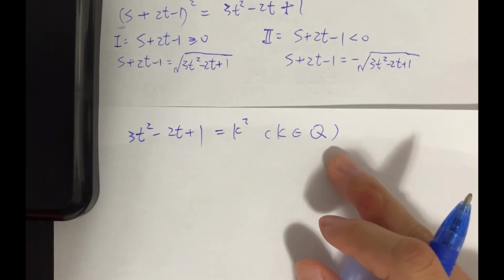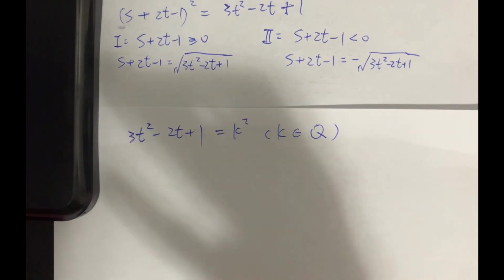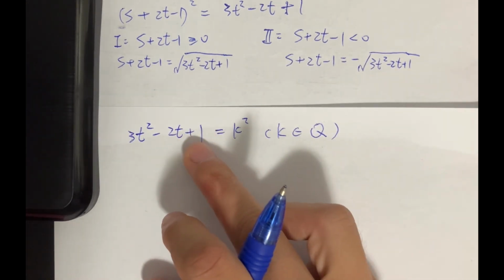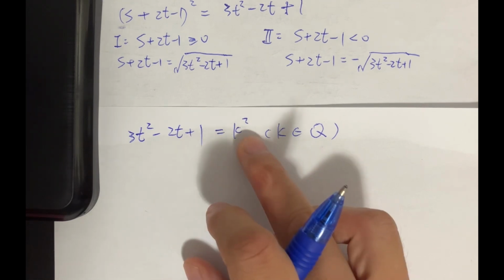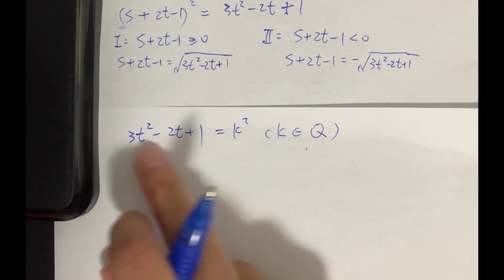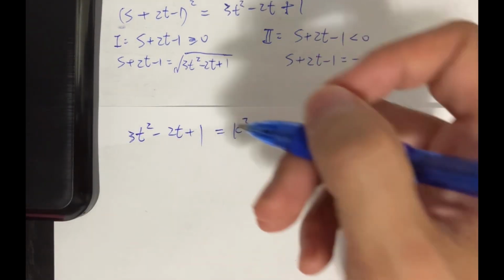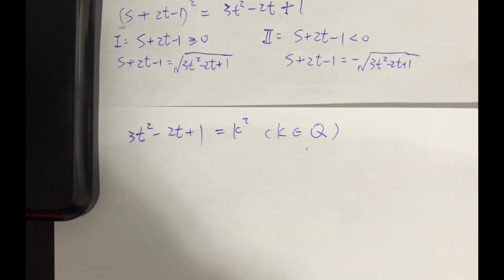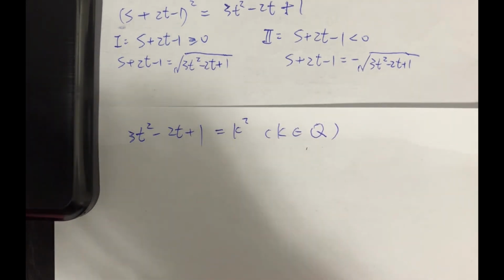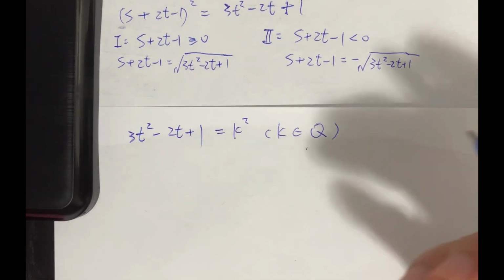All right, and this doesn't always happen, and we have to prove that there are infinite t's that can give a k squared where k is a rational number. When I check this, I see something quite close to something squared, so this gives me a thought that maybe we can later use the difference of squares formula.